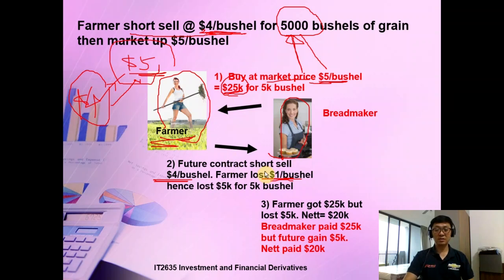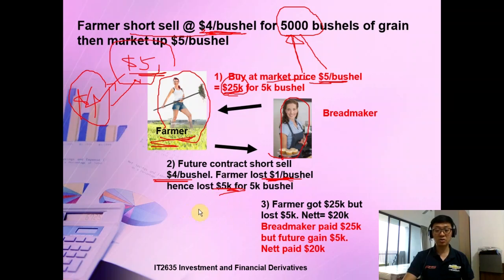Even though over here the market price is $5, he made 25K, but in a way, you have to minus off the $1 here. So $1 times 5,000 is actually 5K. So in essence, even though the farmer received the $25,000, he lost $5,000.